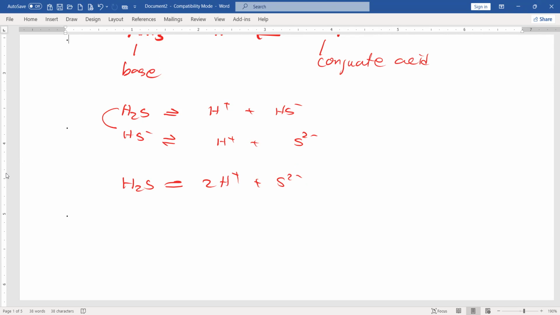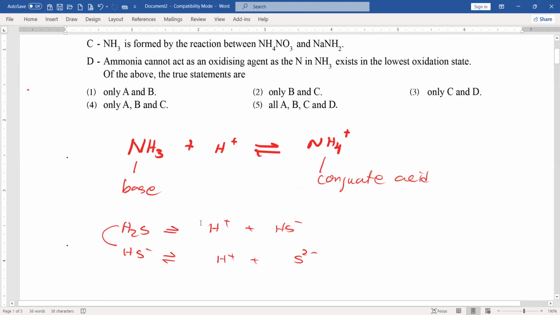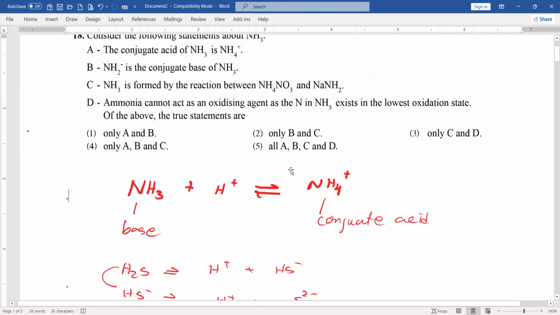Why? Here the hydrogen difference is 2. So this is the acid, this may be the base, but that has no such relationship called conjugate. But in our case, ammonia and the ammonium ion can be considered a conjugate acid-base pair because it has only one hydrogen difference. So A is correct.